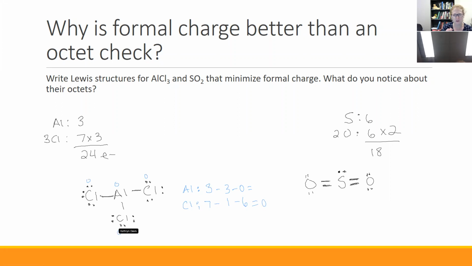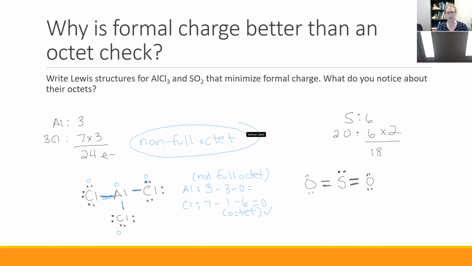Now if I do the octet check, right, chlorine has a full octet. All of those chlorines touch 2, 4, 6, 8 electrons. But look at aluminum. Aluminum doesn't. Aluminum is only touching 3 bonds, right? This is what we call a non-full octet.